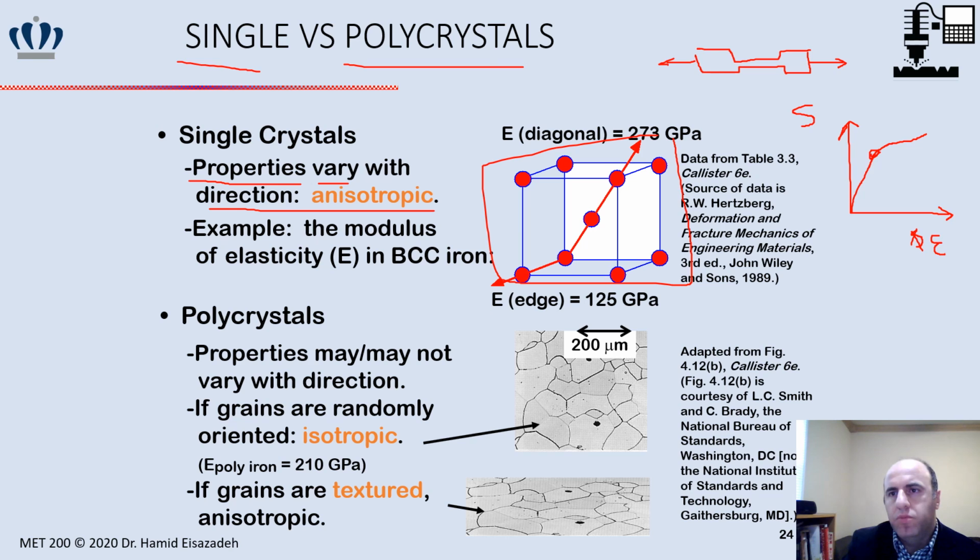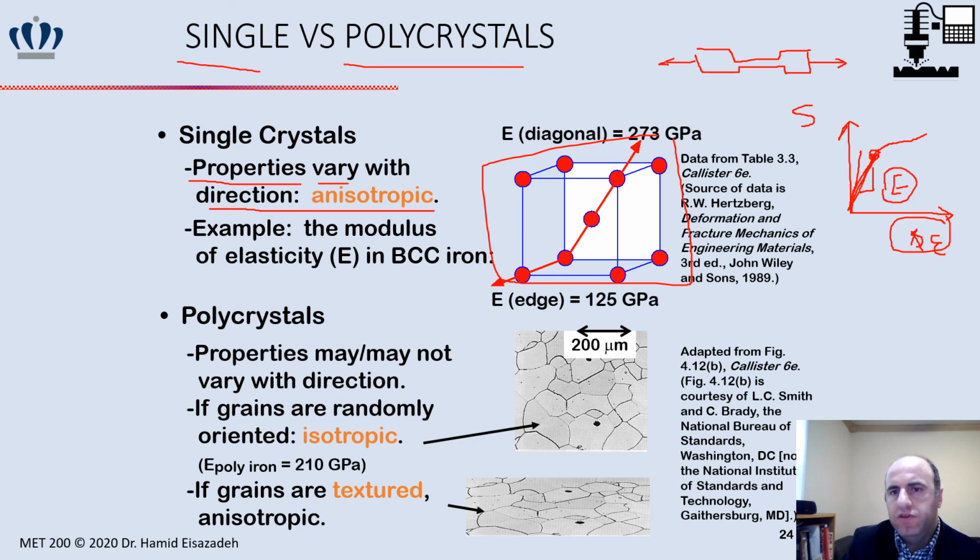Up to some point we have a linear behavior, and the slope of this is called the elastic modulus. If one material has a higher modulus, that material is harder, so the slope is going to be higher, so it's harder to stretch and the elongation is going to be less.